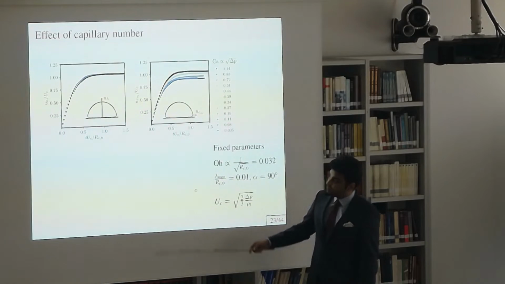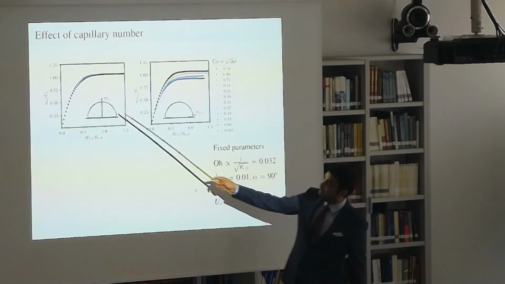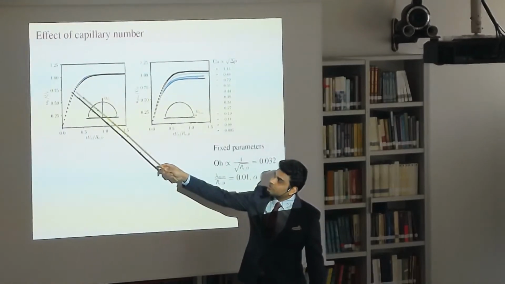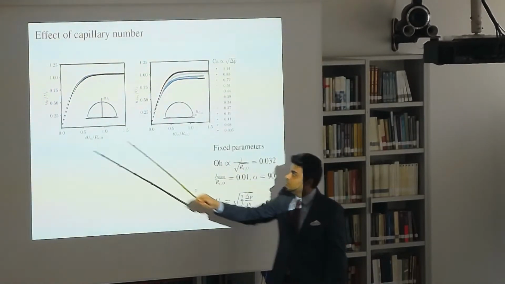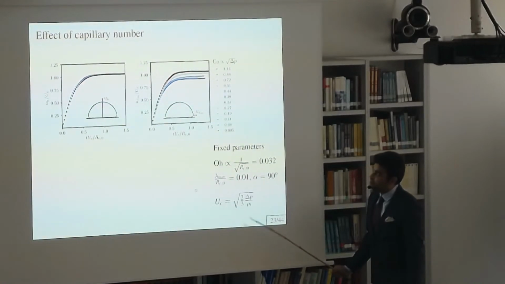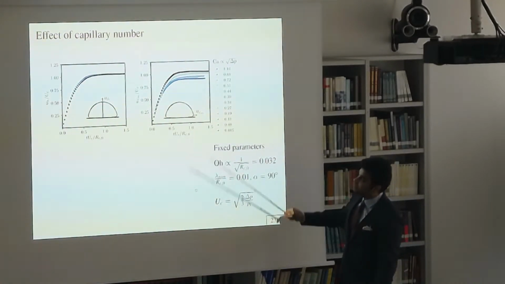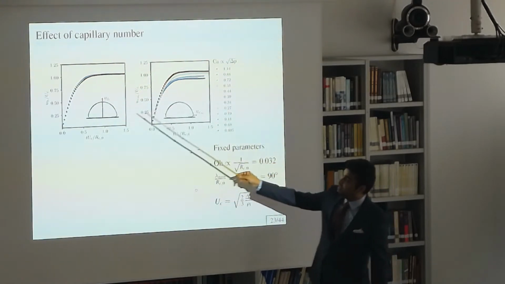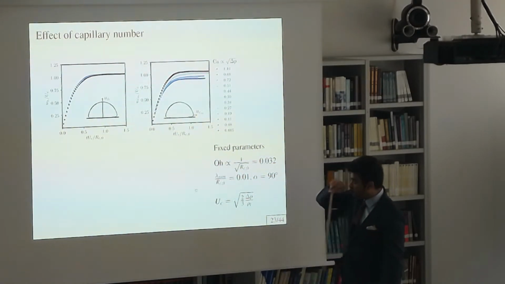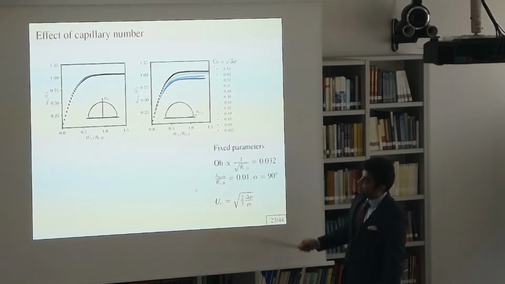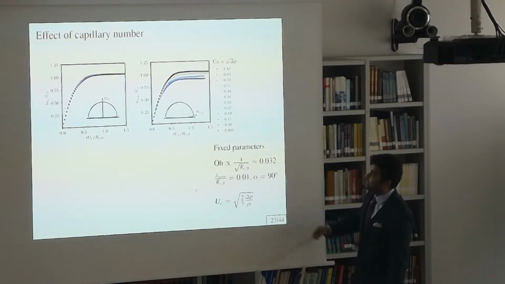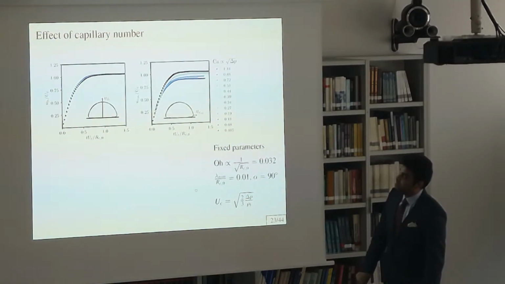And as one would expect from the previous slide, the height of the bubble grows like a Laplace bubble and takes the asymptotic velocity, which is equal to UC, the Laplace velocity. For the width, for large capillary number, we see a behavior which is similar to the height, whereas for small capillary number, there is a decrease in this velocity.